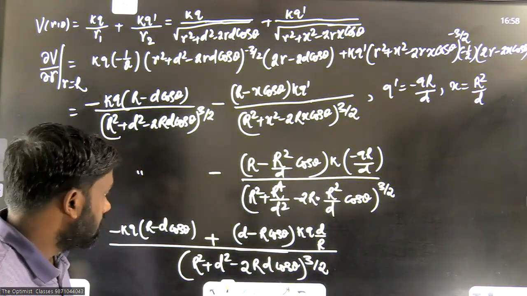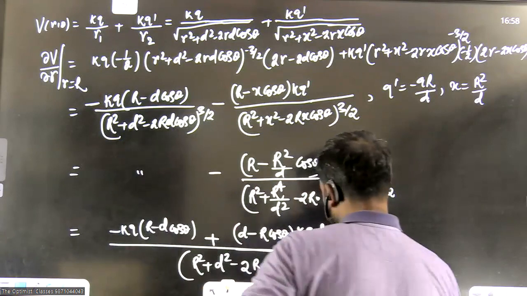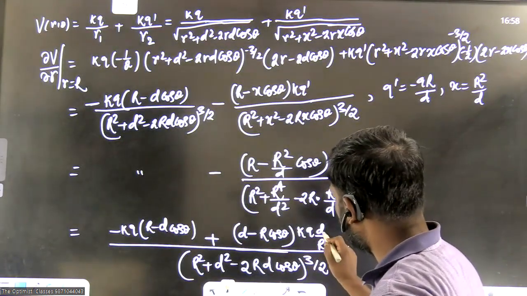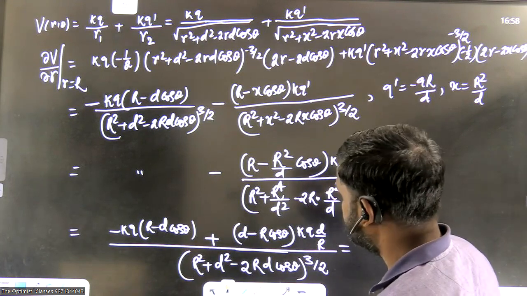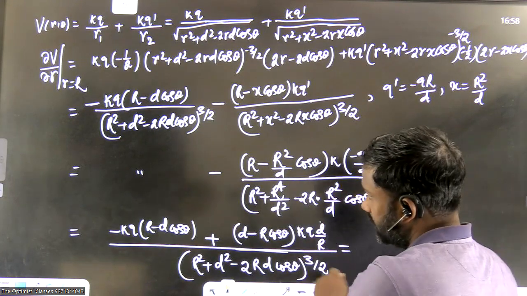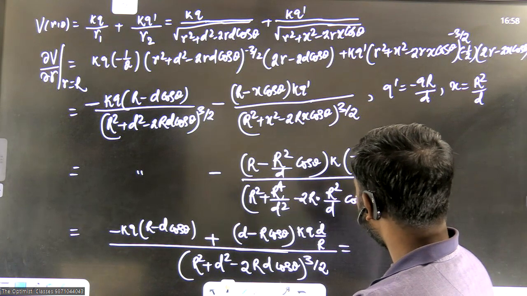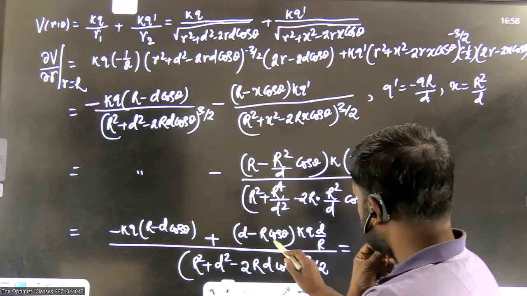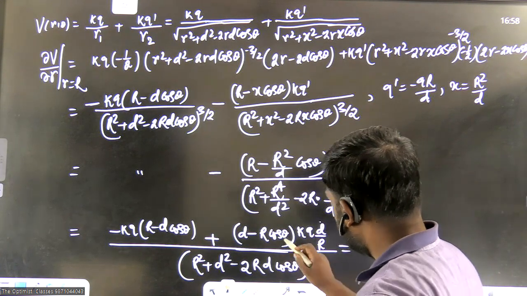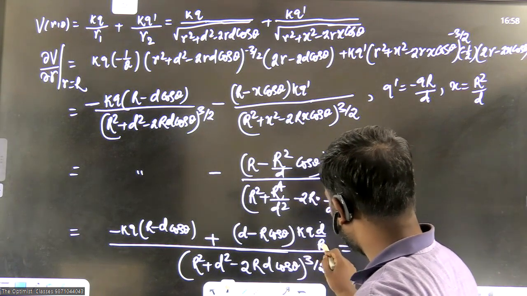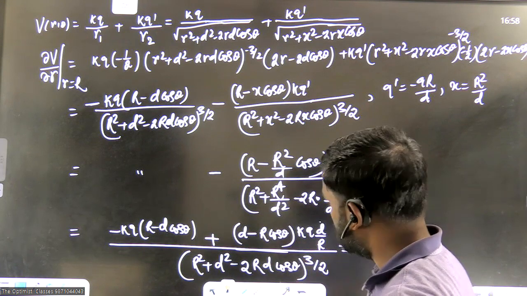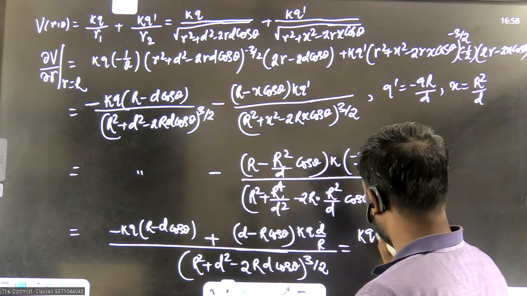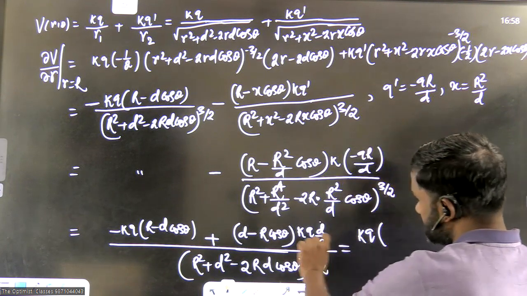So you see here, now if I take kq common and multiply by this d by r, what shall we get? Here this d, this r and r is going to cancel out. So let's take kq common and multiply by this d by r.